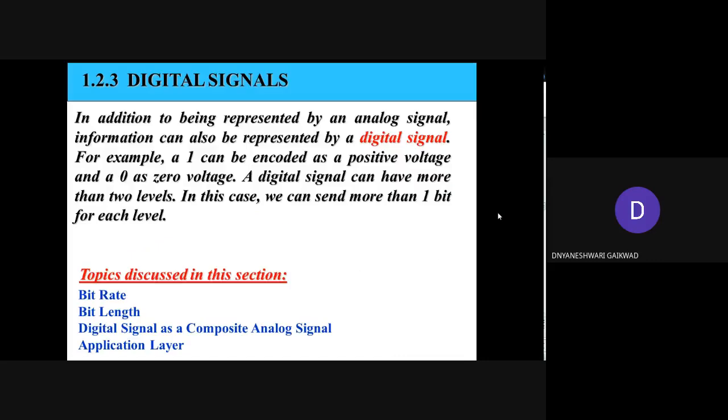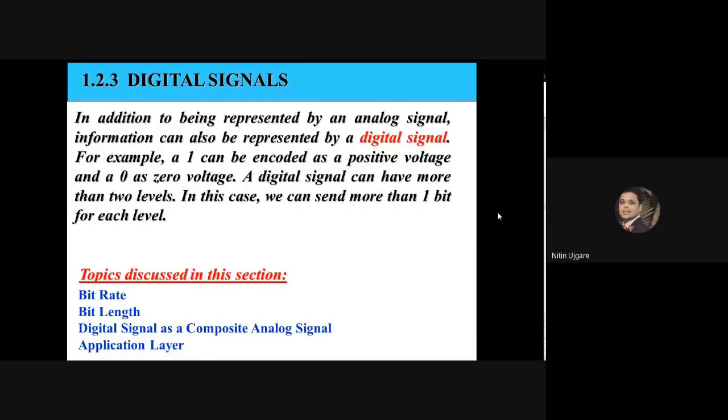Yes, sir. Okay. So far we have seen the analog signal, the composite analog signal, the periodic composite analog signal and the non-periodic composite analog signal. Now we'll discuss digital signals. In addition to the analog signal, we can also represent information by using the digital signal.